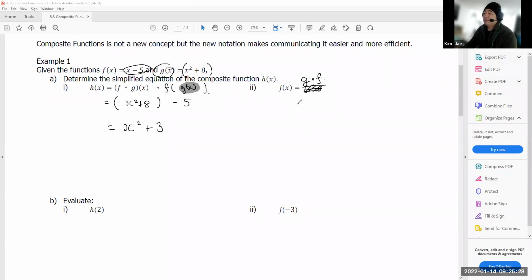j of x, same thing. j of x, or g naught f, or g of f of x, is the same as saying I have g of x, but instead of an x value, I'm plugging in an entire function in there. So let's rewrite it. g of x is x squared plus 8. So what is the x value? In this case, it should be in here.